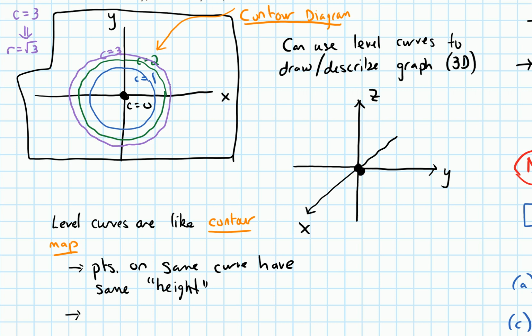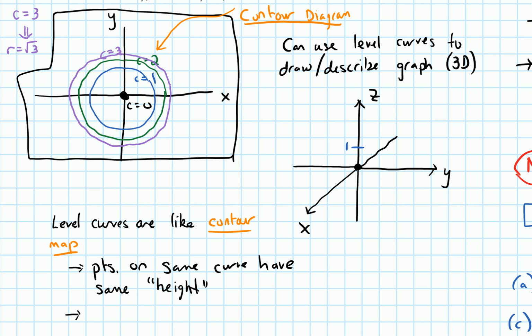Okay. All right, so now let's draw when c equals 1. The height of every single point on this curve where c equals 1 needs to be 1. So I'm going to draw 1 on the z-axis. So I have to take this circle and make sure that every single point on it is 1 unit up.